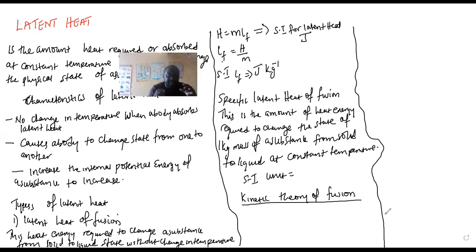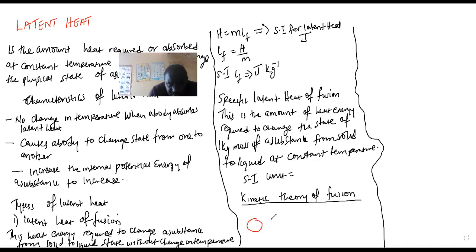If they do that, their potential energy increases, while their kinetic energy remains constant.